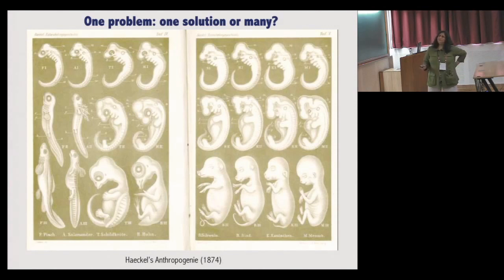And this is a sort of infamous picture from Ernst Haeckel's book called Anthropogeny, which has in each column some of the embryonic stages of a fish, a salamander, a turtle, a chick, a pig, a cow, a dog, and human. And one of the arguments that Haeckel made, which has been very controversial, was that the embryogenesis of an advanced animal, let's say a human, resembles the adult stages of a less advanced animal, for example, a chick, right?